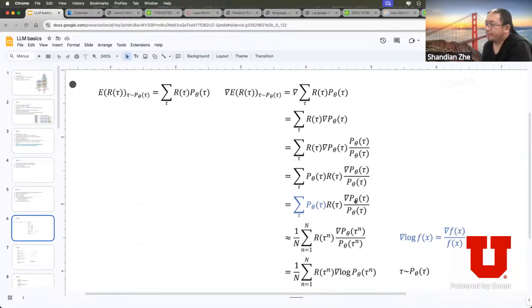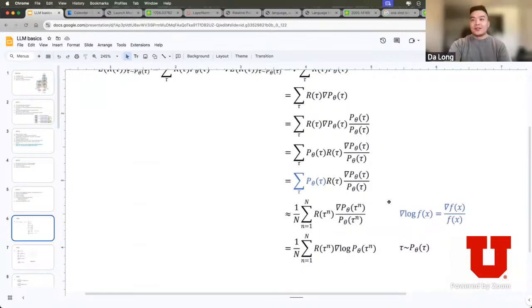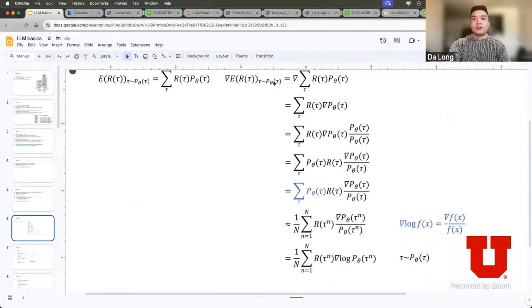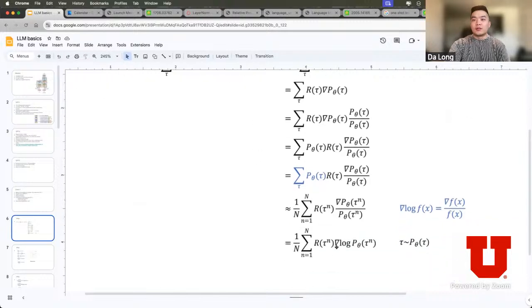Eventually you can write this as this one. The gradient over the parameter is equal to the reward multiplied by the gradient of the log of the policy, and the big N means you sample N trajectories from the policy.